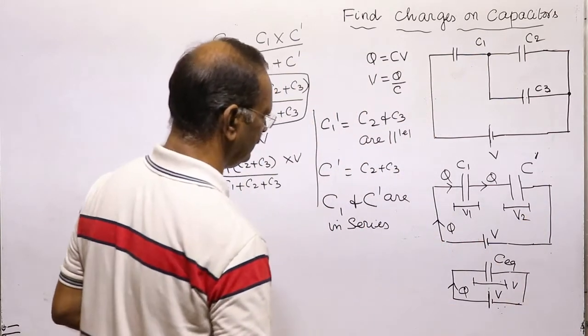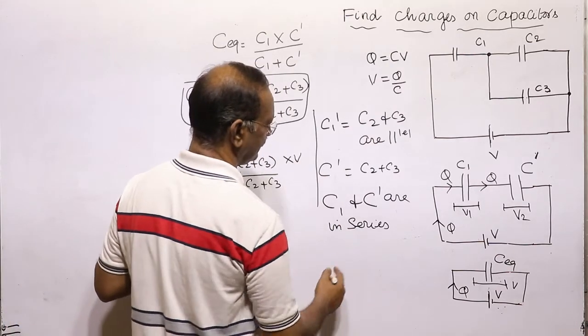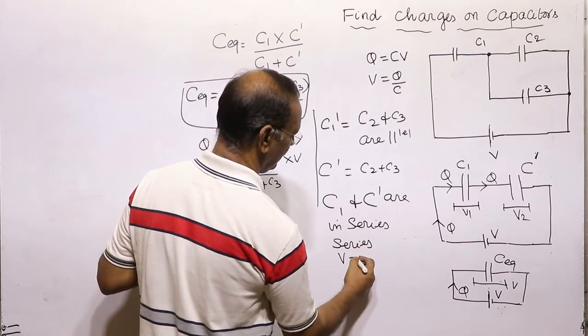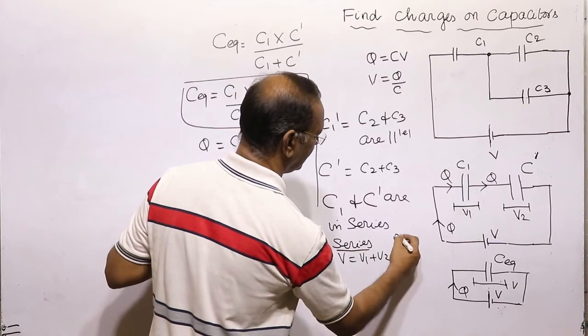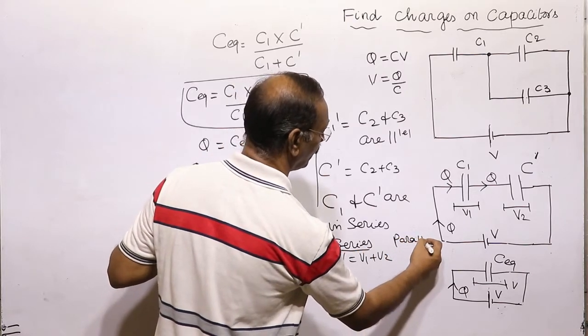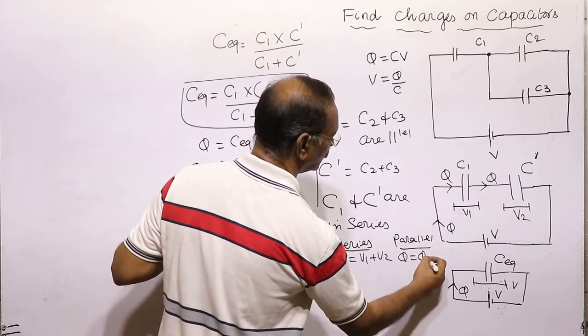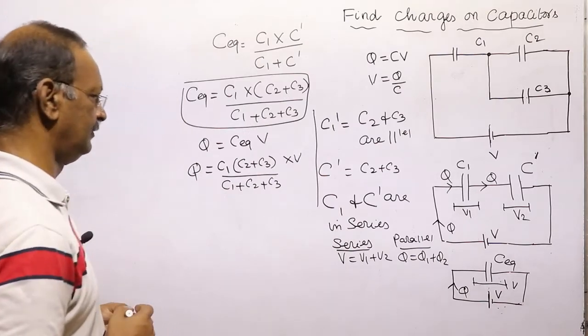In series, V is equal to V1 plus V2. In parallel, Q is equal to Q1 plus Q2.